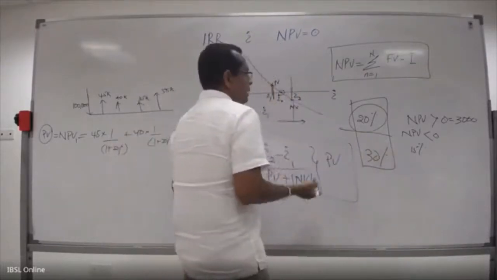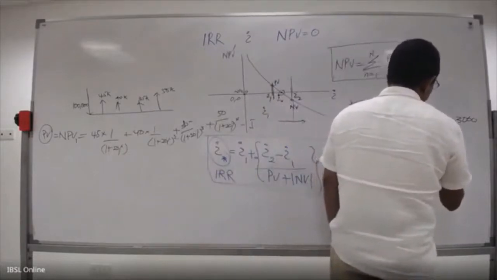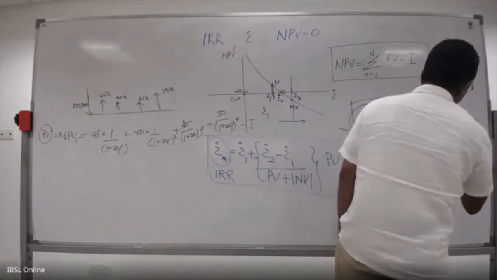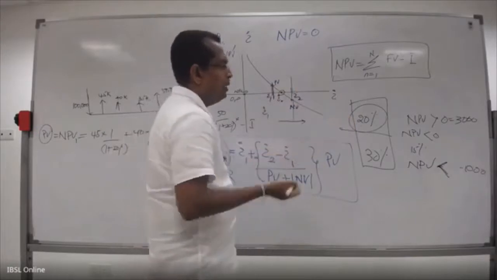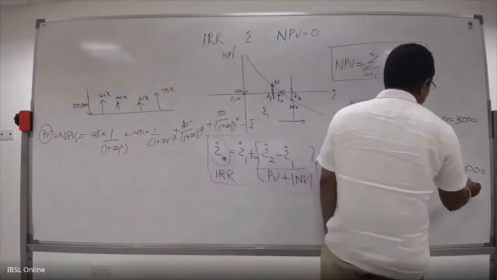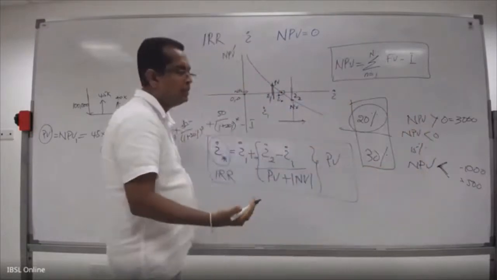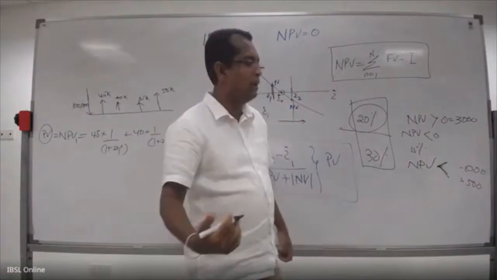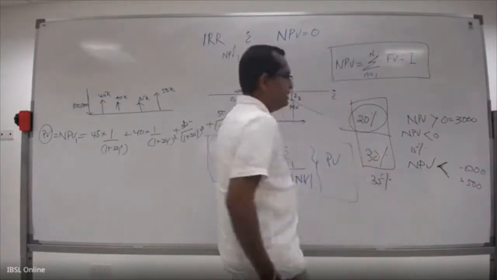If NPV is negative 1,000, you can take that as the negative value. If NPV comes positive 500, you have to redo it again, because your aim is to find a negative value for NPV. So again, you have to use another interest rate.